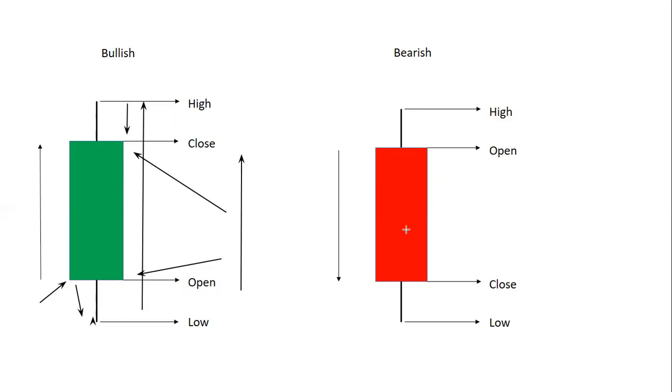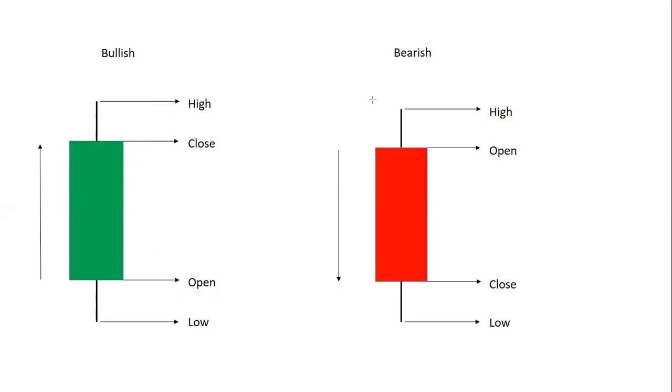Now, secondly, we're going for a bearish candlestick, right? Basically, what happens here is that the market opens at this level here and pushes to the upside, but fails and falls to the downside.